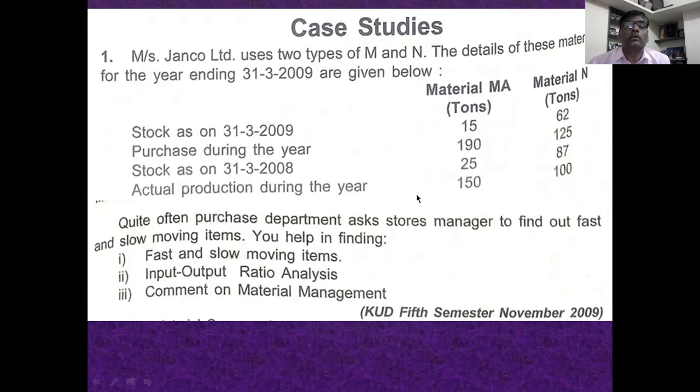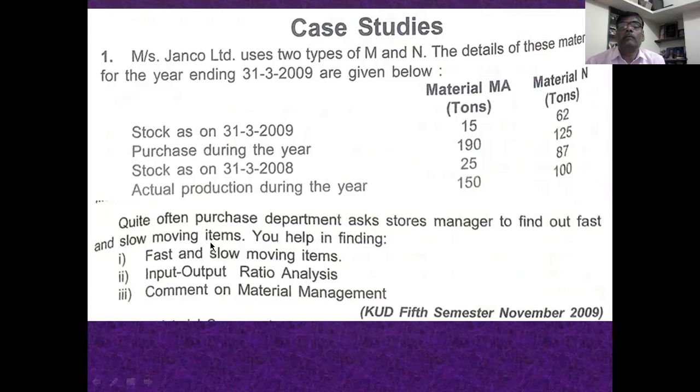Then actual production during the year is 150 units with the help of M and 100 units with the help of N is the finished stock. And quite often the purchase department asks the store manager to find fast and slow moving material.